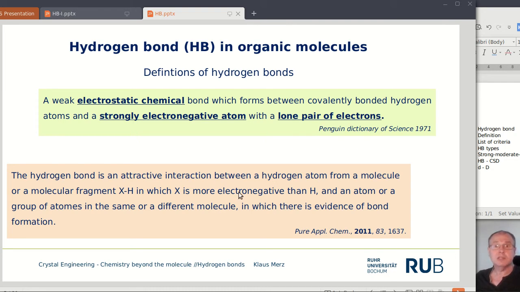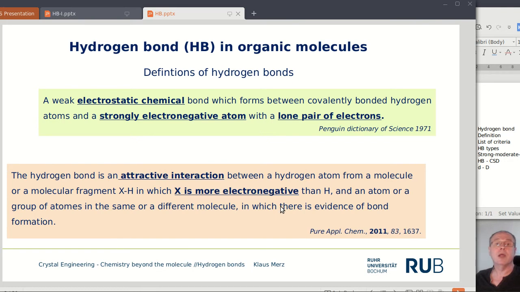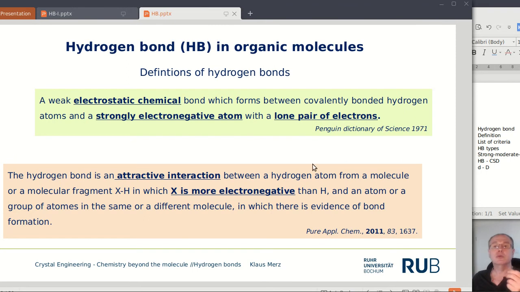Attractive interaction and bond formation. And X is more electronegative. You see, it is a much weaker definition of hydrogen bonds and helps us much more to use hydrogen bonds in crystal engineering.